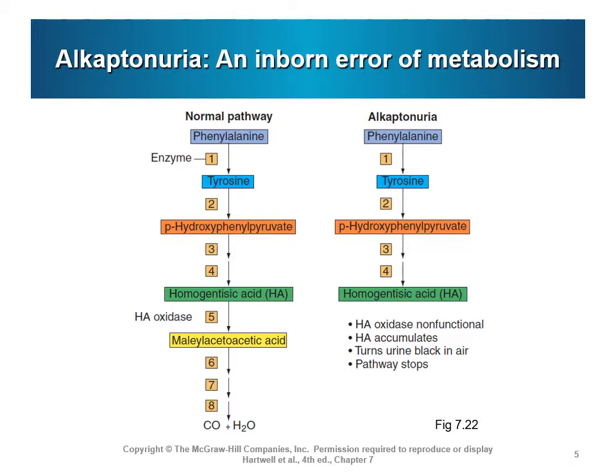However, if there is a mutation, which is the case for alkaptonuria, halfway through the whole pathway, that will cause malfunctioning of the entire process.